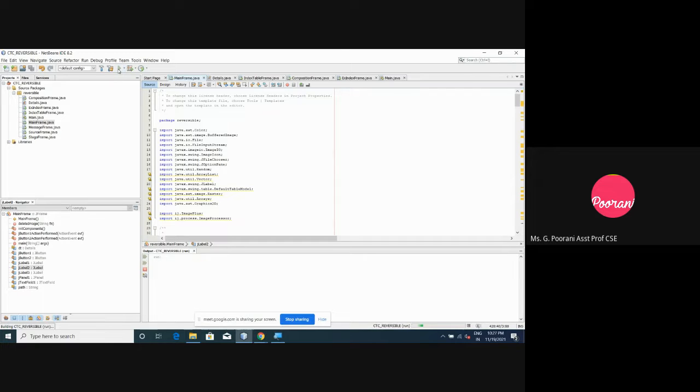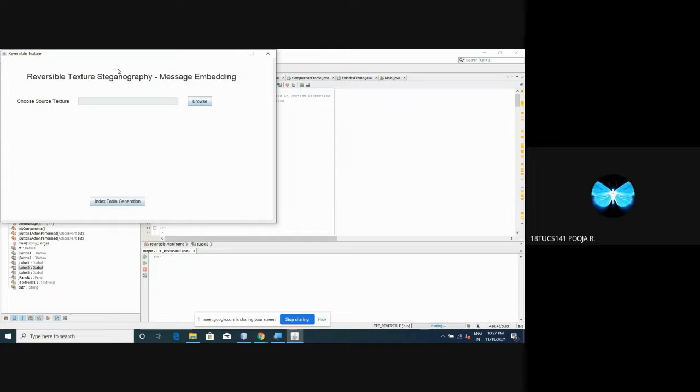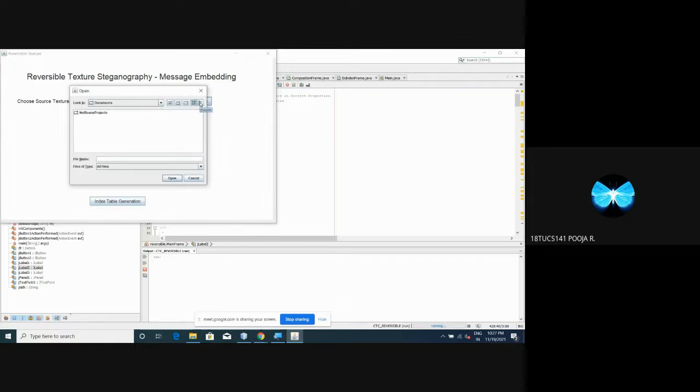The rest will be shown by the second phase. This is the first phase, where we give the textured image as input, locating the file location and giving it as input.